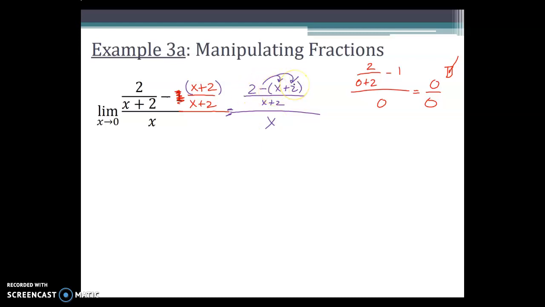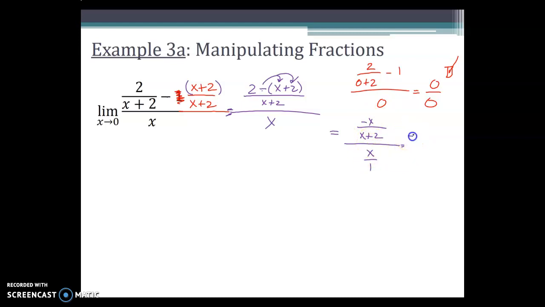2 minus 2 is gone. So all we have left is, on the top, negative x over x plus 2, over x over 1. Just throwing that out there. Complex fraction. Hopefully you remember that the x in these two positions do divide each other out.